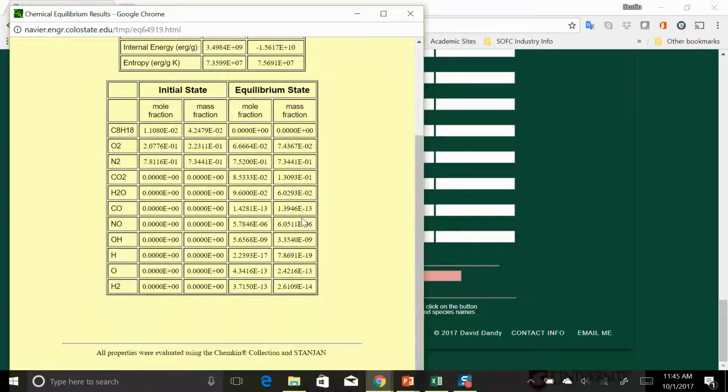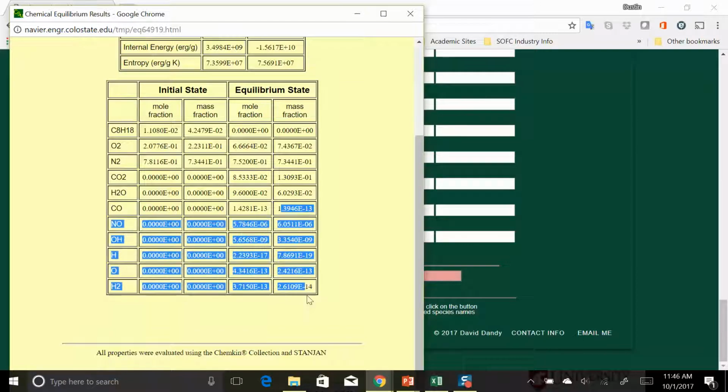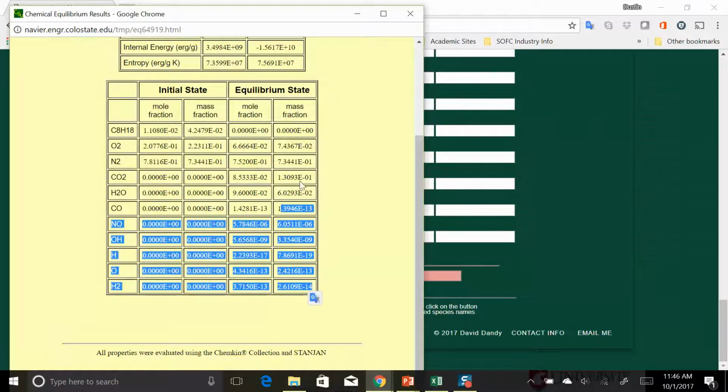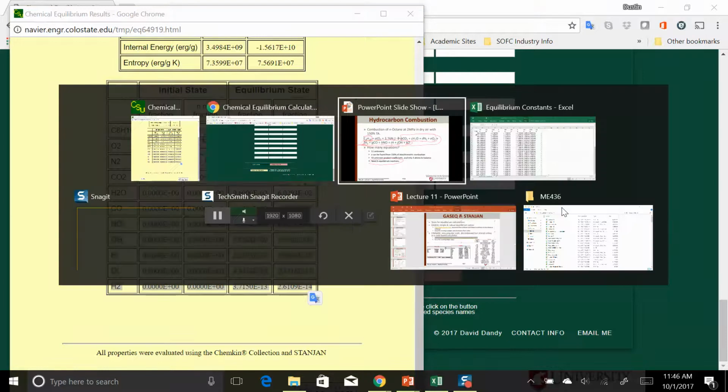What you'll see is now these extra species, the NO, the OH, hydrogen, are really small and basically negligible. So at 900 degrees, we assume complete combustion. But at 2250 degrees, wherever it was before, we can't neglect these extra species as easily. So that's how you use the online tool.